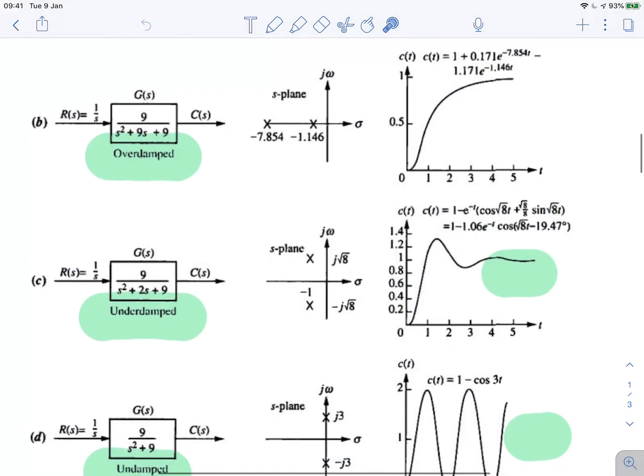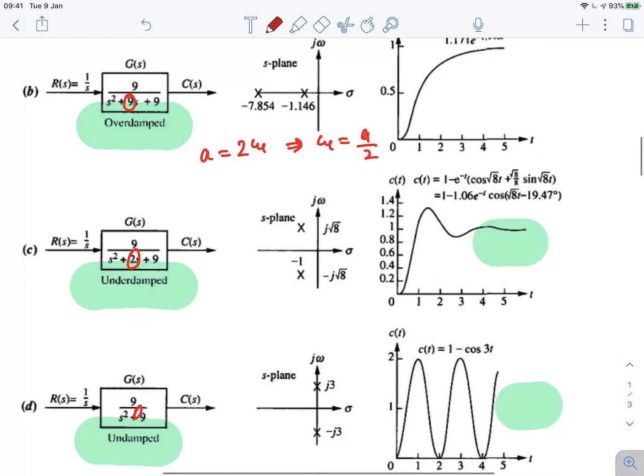Let's write it once again, where a is equal to 2 xi, and from here xi is equal to a by 2. In all these b, c, d we have the decreasing value of xi. So you notice that now we are having more overshoots.